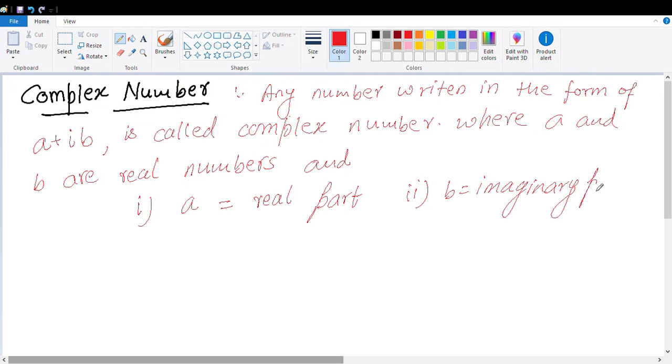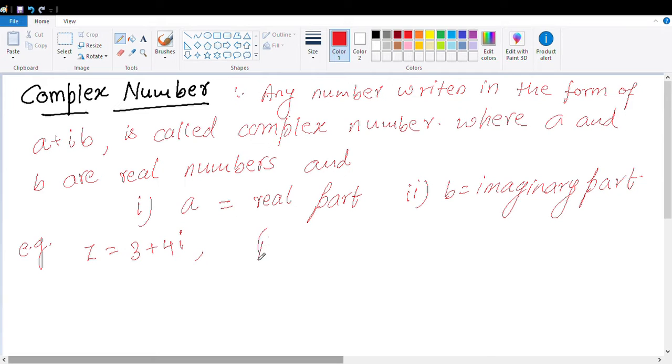This is very important for you to understand. a is called the real part and b is called the imaginary part. Real part means the number written without i, and imaginary part means the number written with i. For example, suppose a complex number, which is always denoted by small letter z, is equal to 3 plus 4i.